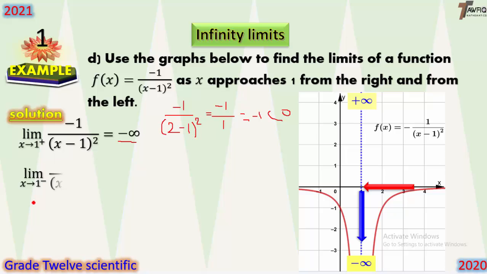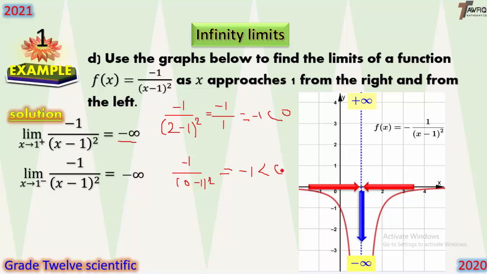And if we approach 1 from the left, you can see that the function goes to negative infinity. Or you can take a number less than 1, let it be 0, then minus 1 over (0 minus 1) squared is equal to minus 1.